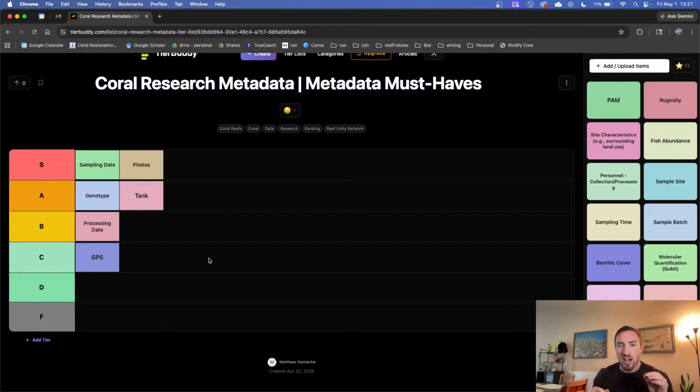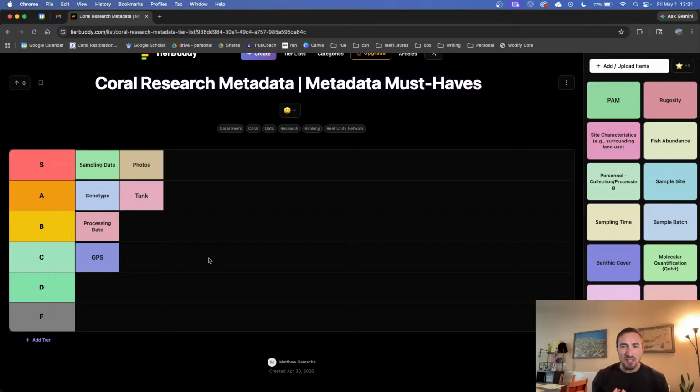And if I had taken photos of those, then I could tie that into were the corals with those green skeletons also the ones that had greater resilience and amplicon sequence variants for the endolithic algae, Ostreobium.